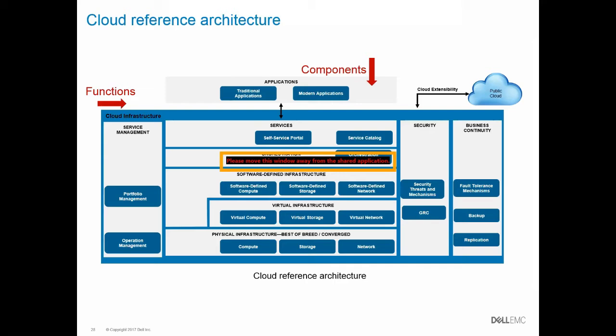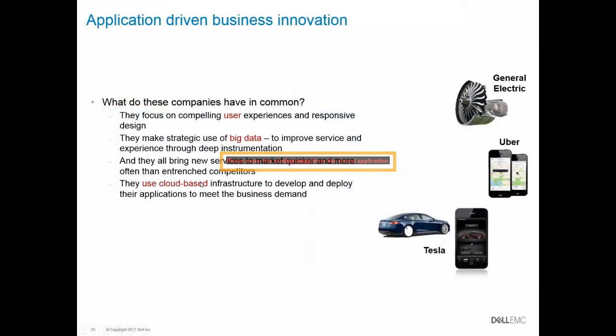Let me get started with this slide. If you look at these companies, General Electric, Uber, and Tesla, there is a question which needs to be answered: what is common between all these different businesses?